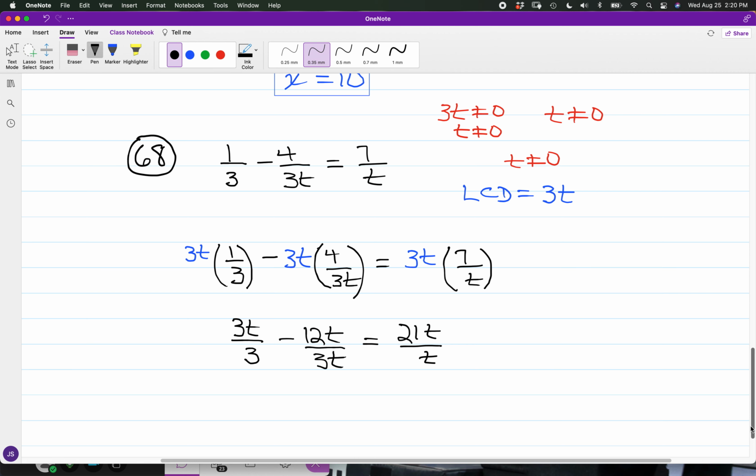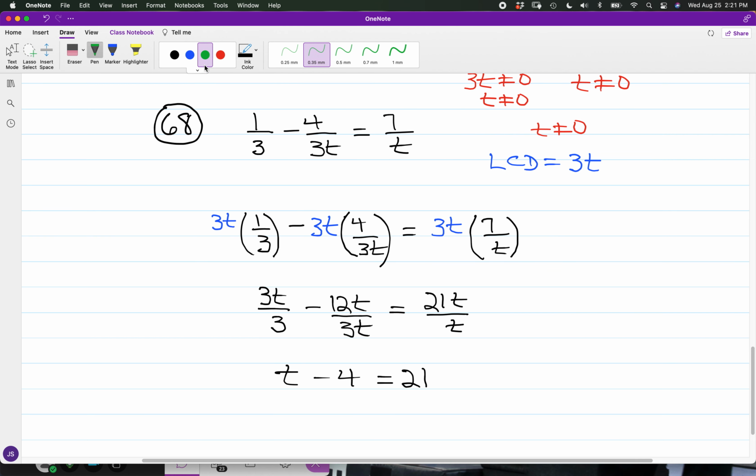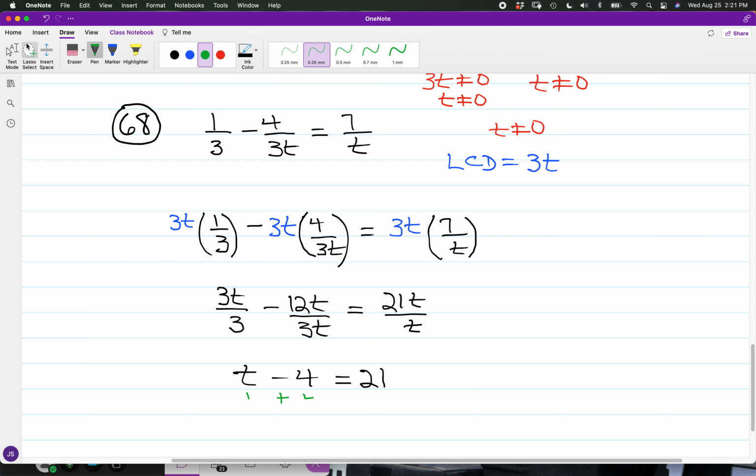And for what we have here, 3t/3 goes to t, negative 12t/3t goes to a negative 4, and 21t divided by t goes to 21. And now we have t minus 4 is equal to 21, and isolating t, if I add 4 to both sides, we're going to have an apparent solution for t, which will be 25.